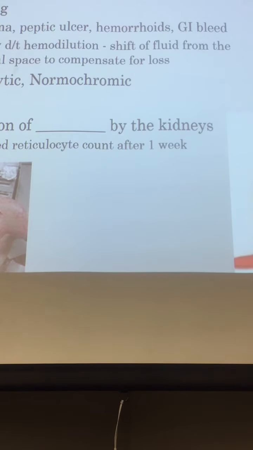So are hemorrhoids, like in the rectum where you're bleeding out. Any kind of GI bleed can be acute, can be chronic. Right now we're just talking acute. So some of these things, other than trauma, peptic ulcer, hemorrhoids, and GI bleeds, can be acute or chronic. It just depends on how fast they're bleeding.